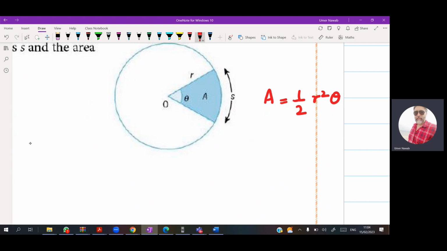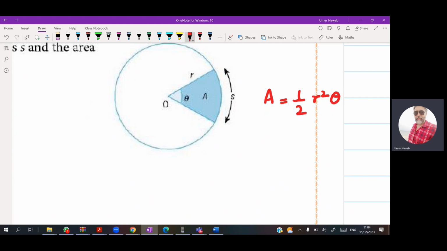In IGCSE, you took from me the area of a sector as theta over 360 times pi r squared, but we are not going to use that here. Why? Because over there I was measuring angles in degrees, and right now I'm measuring angles in radians. So in the exam, it's up to you to put theta rad or not. By convention, the teacher knows that this angle is in radians.